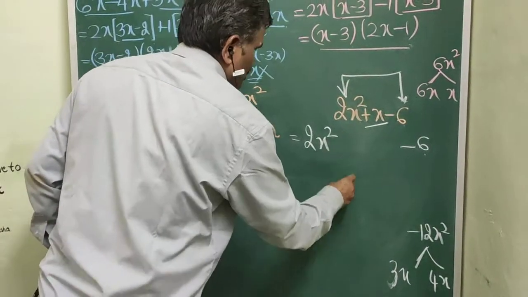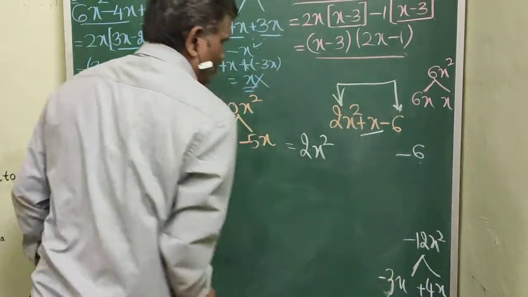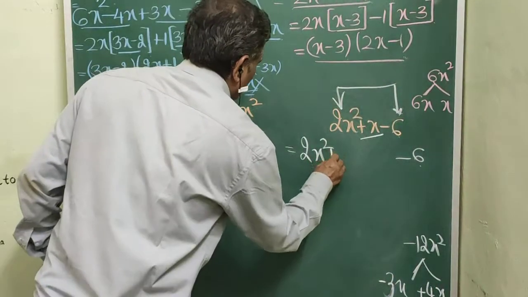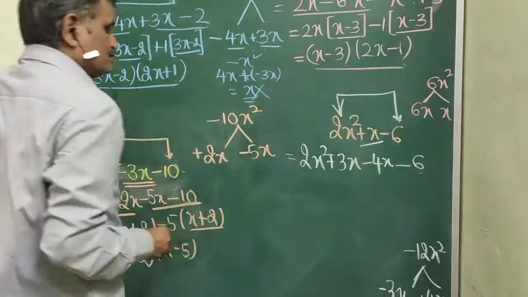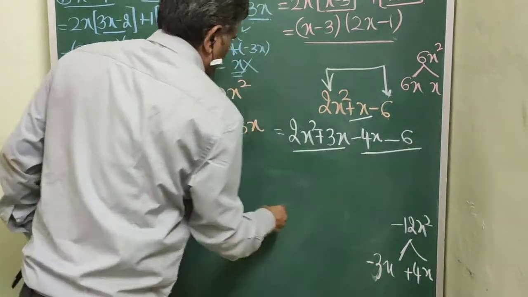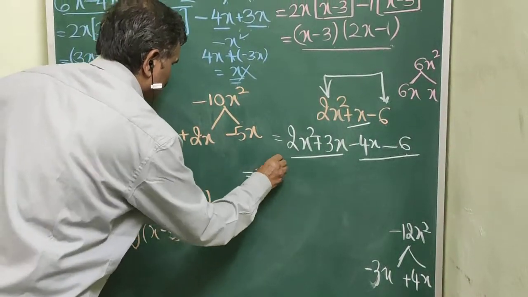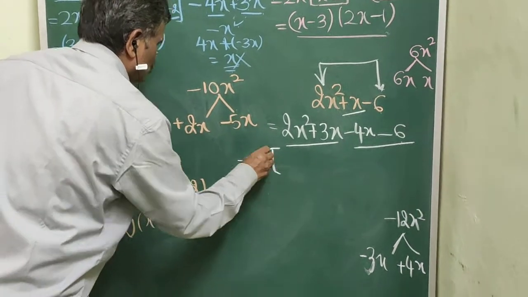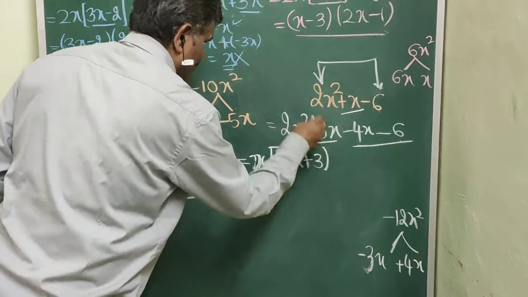So what I will do here is, I will take negative sign for 3x and positive sign for 4x. So I will write here minus 3x plus 4x. Again, what is the common factor here? The common factor in this one is x. If I take x as common factor, then this will be 2x plus 1.